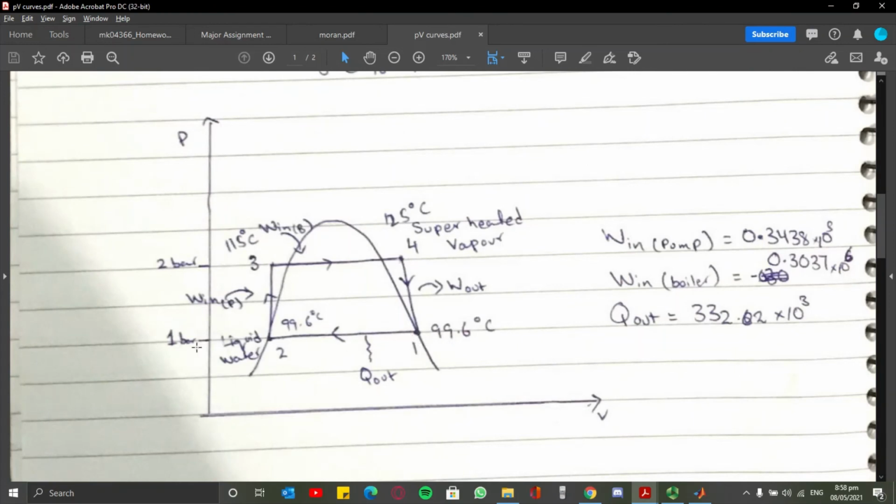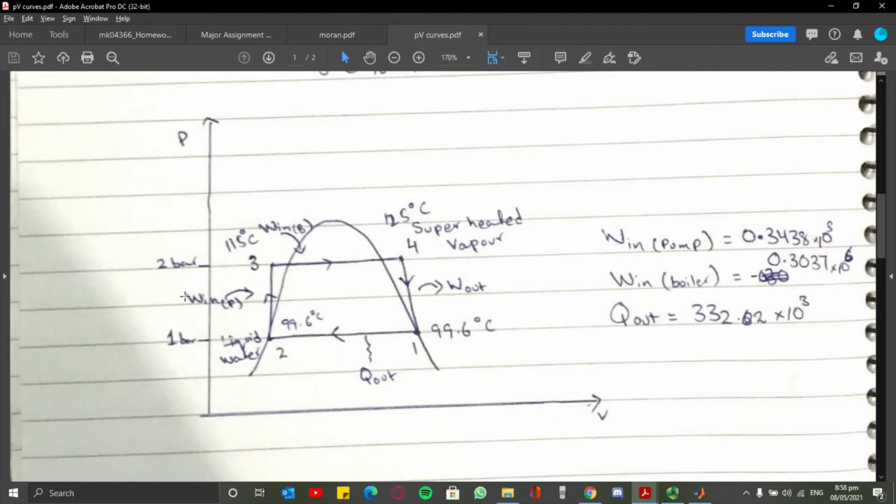So from 1 to 2 we can see that this is the radiator part, and we have Q out, and the temperature is not changing from 99.6 degrees, and this is liquid water.